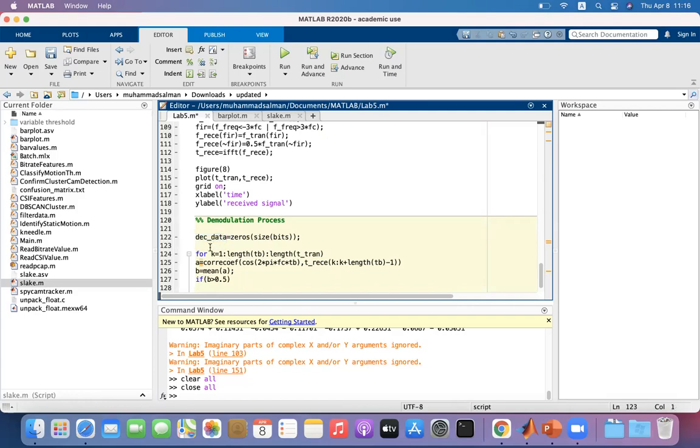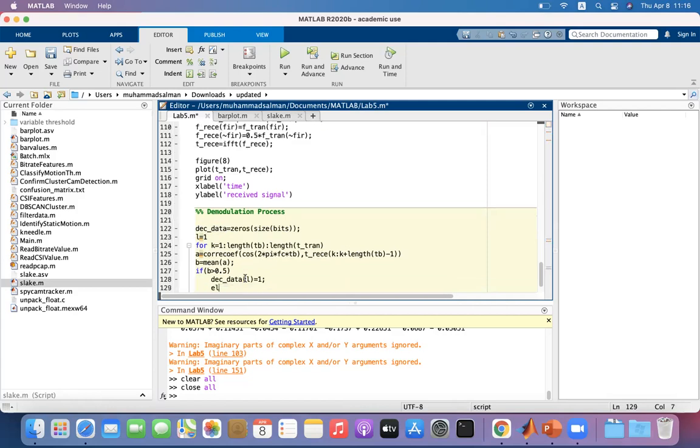So if b is greater than 0.5, then I should start another variable, for example L is equal to 1, and this one of L is the index now, so this of L is equal to 1. So only update the particular index there.